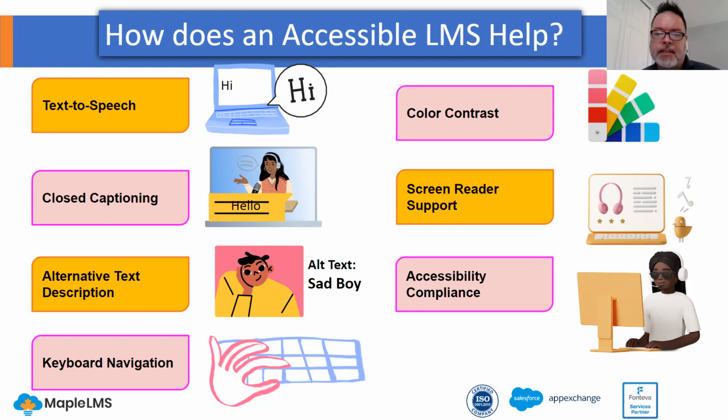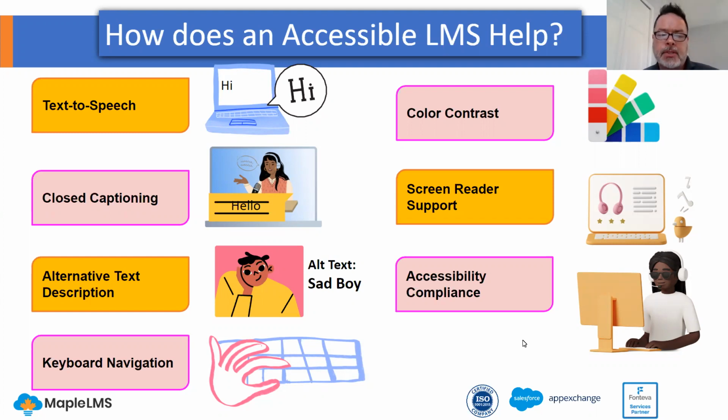This feature provides a text transcript of the audio content in a course, making it accessible to deaf and hard of hearing learners. Alternative text descriptions. This feature allows for the addition of descriptive text for images, videos, and other multimedia elements, making the content accessible to visually impaired learners.